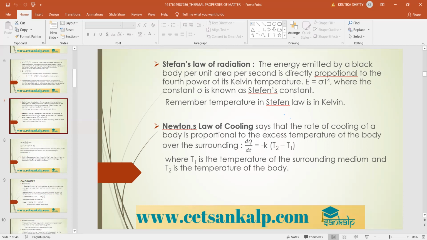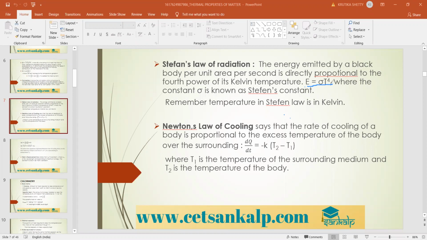The energy emitted, you can see here we have written one equation also. The equation is E is equal to sigma T to the power 4.